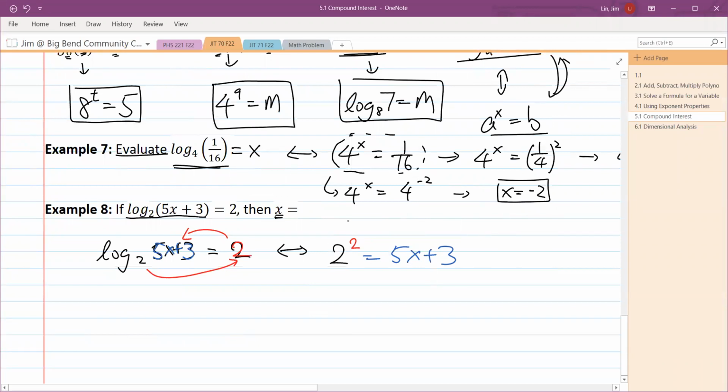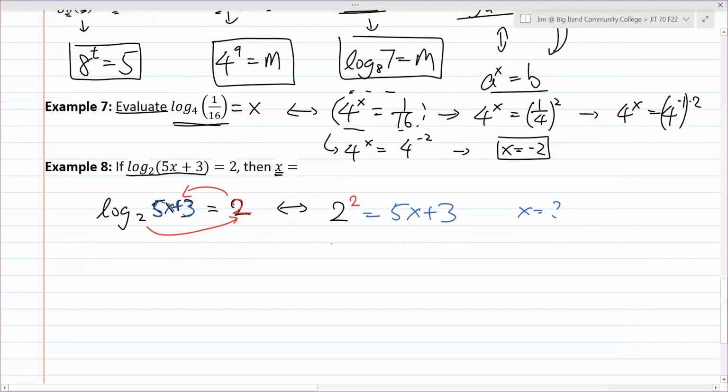All right, and then that is the equation for you to solve for the x, right? The unknown. Okay, 2 to the 2, and here you don't need the like-base method because we have 2 to the 2, which is exactly 4, and that will make the problem solving simple.